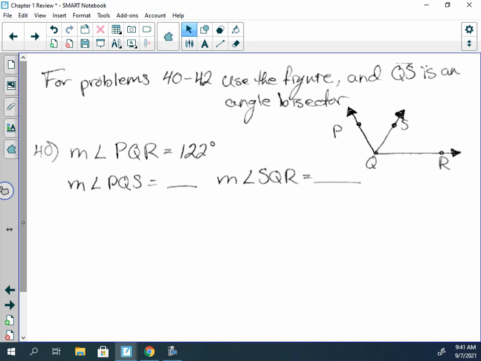Use the figure in which line or ray QS is an angle bisector. So we're using this figure and the fact that QS is an angle bisector. Angle bisector does what? Cuts it in half. So PQR is the whole angle, yes? So we can divide it by 2.